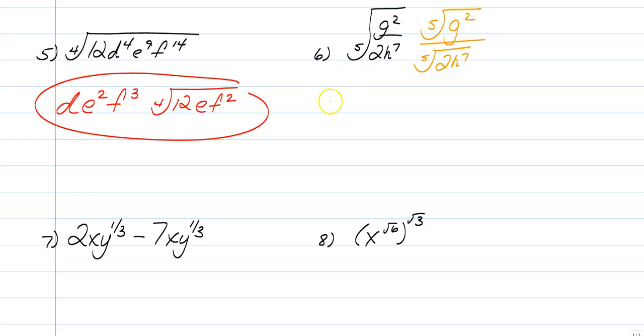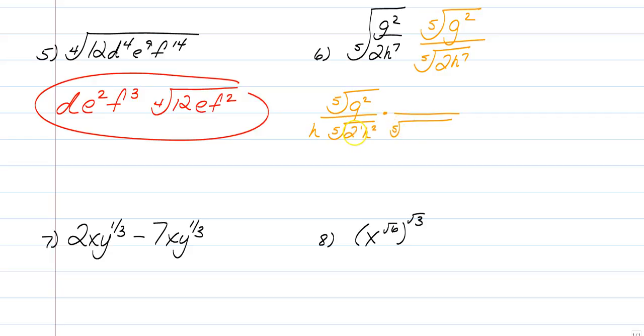So I'm going to rewrite that as the 5th root of g squared over, again, 5 goes into 7 once. We can take out an h, but we're going to have to leave the 5th root of 2 to the 1st power and h squared. Now, the reason I wrote the 1st power is because, remember, when you are trying to get rid of a radical in the denominator, you need to make it a perfect 5th power when we have a 5th root in the denominator.